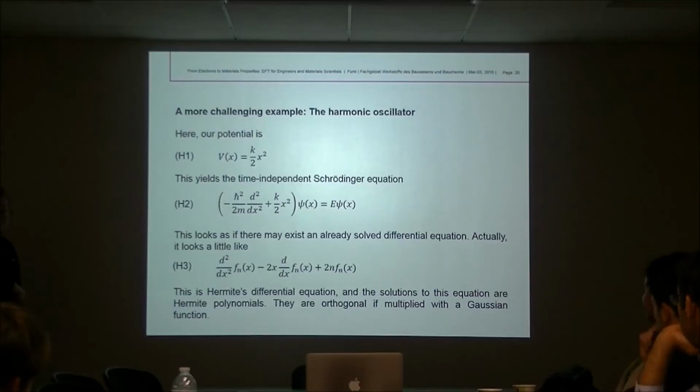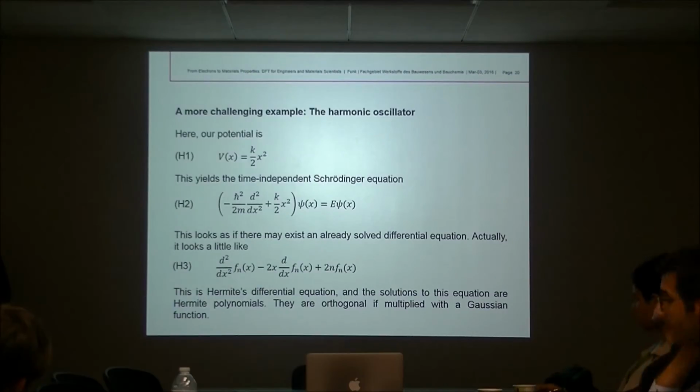And the solutions are Hermite polynomials. They are not orthogonal with respect to integration by themselves, but when you multiply them with a Gaussian function, they are. So obviously adding half a Gaussian function to each does the job.